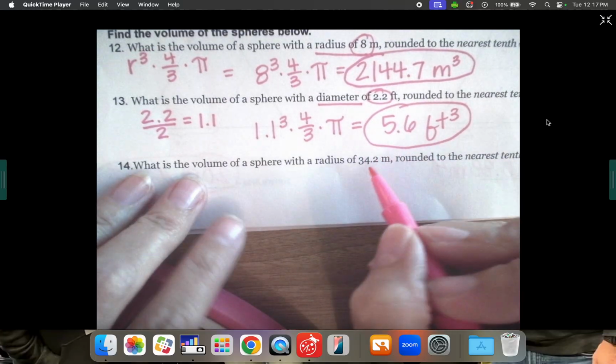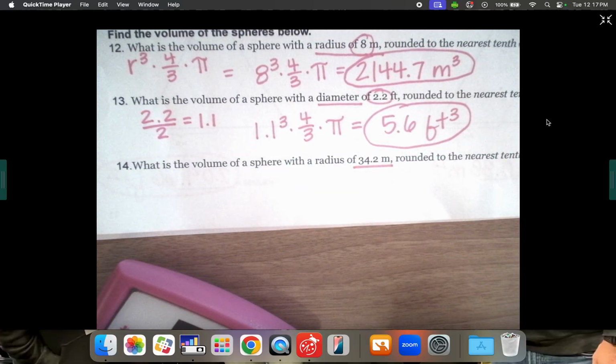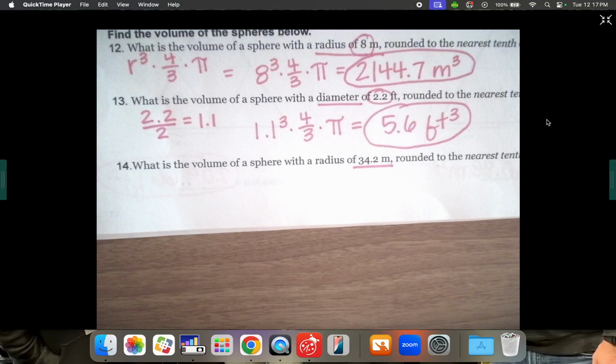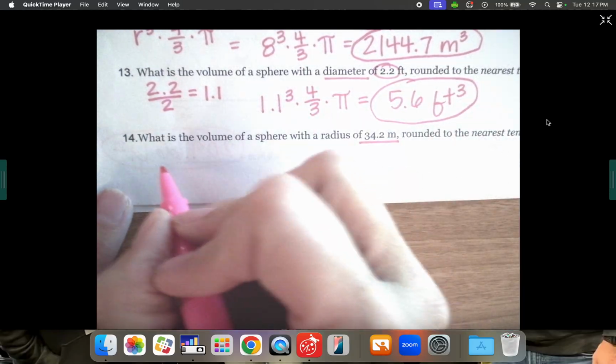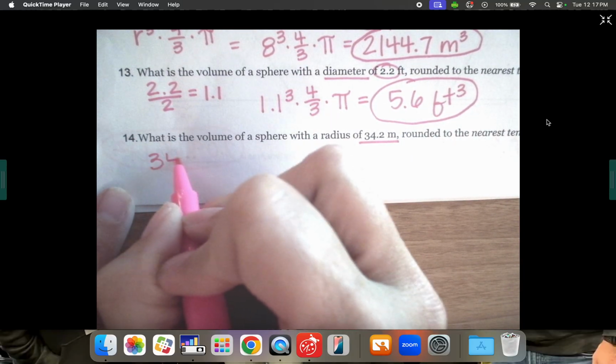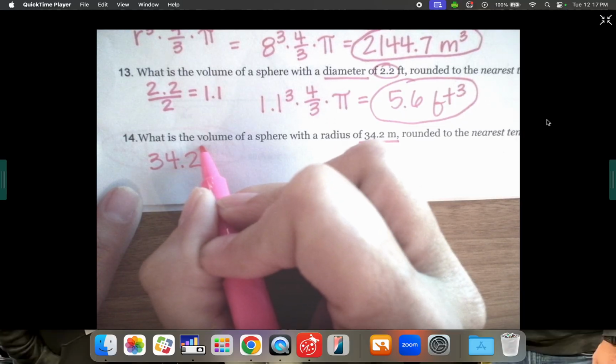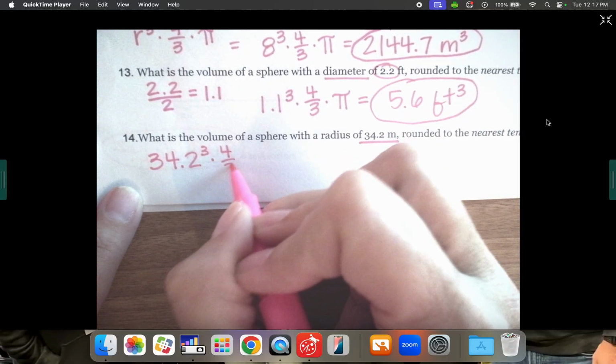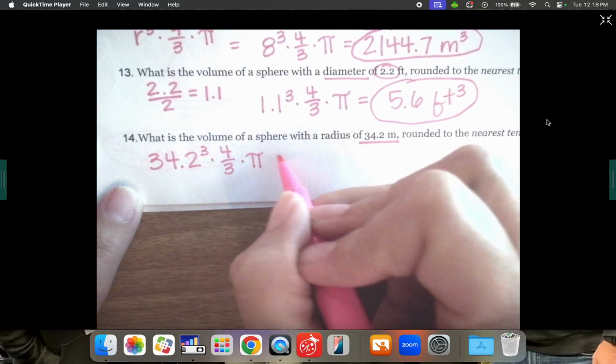This one is once again a radius, so we don't have to cut it in half. We can just use that radius, and it's going to be radius cubed, so 34.2 cubed times 4/3 times pi.